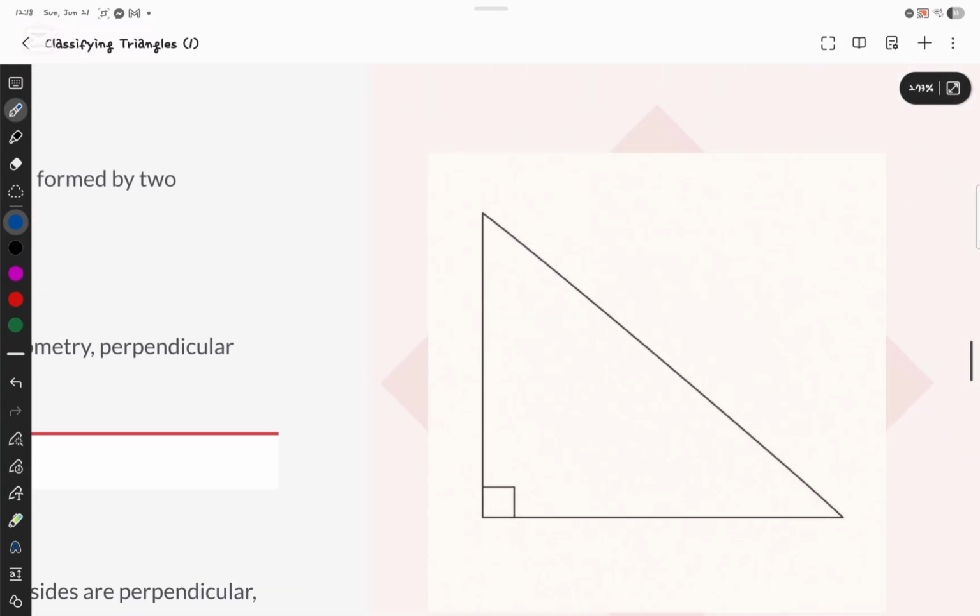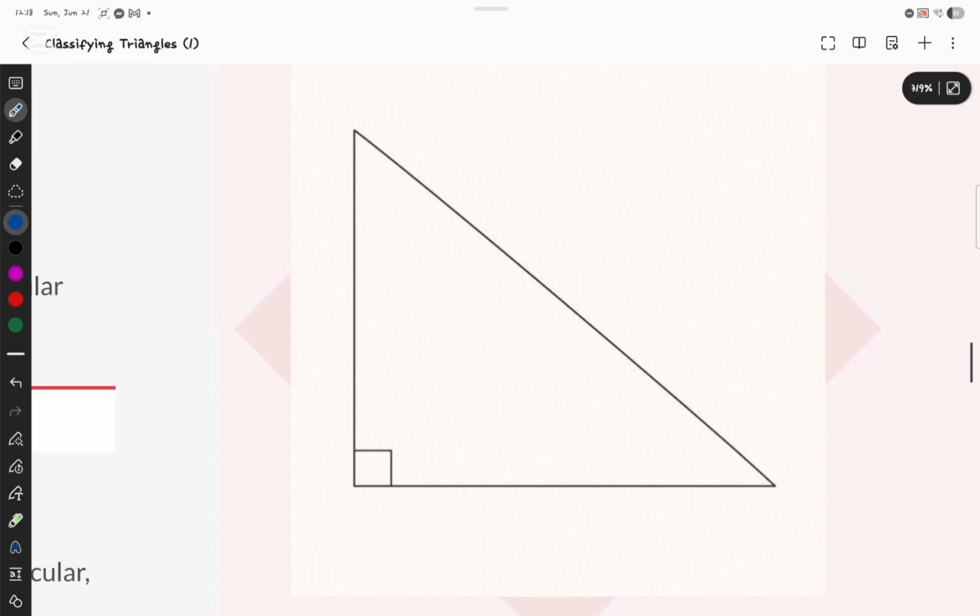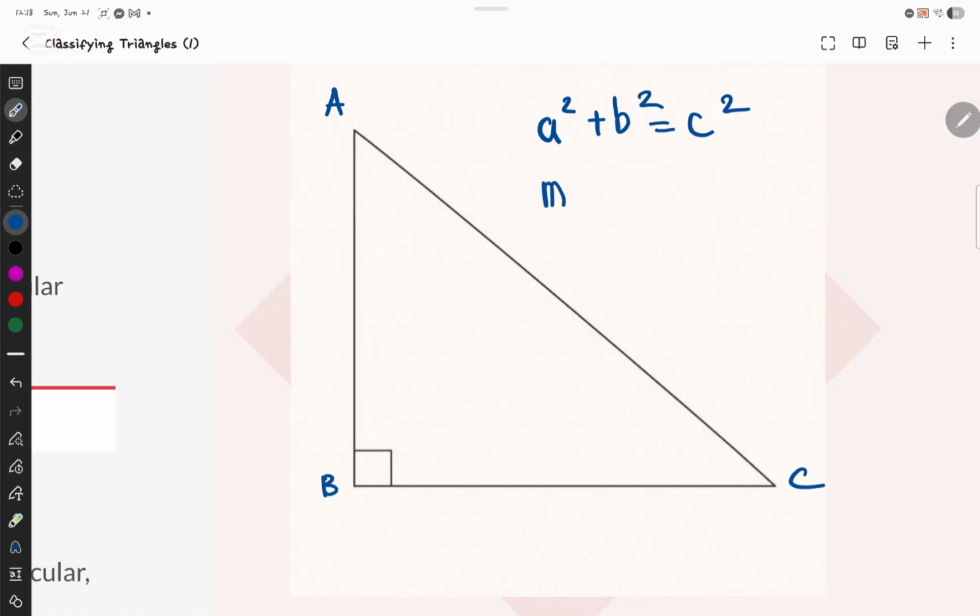For a right triangle, you have two ways to prove it. A right triangle obviously is when you have a right angle in a triangle. You can prove this using two ways. Either you can use the Pythagorean theorem, and these values are found using the length formula, or you can say that, let's call that A, B, C, the slope of AB times the slope of BC is equal to -1, because that's the perpendicular theorem, okay?